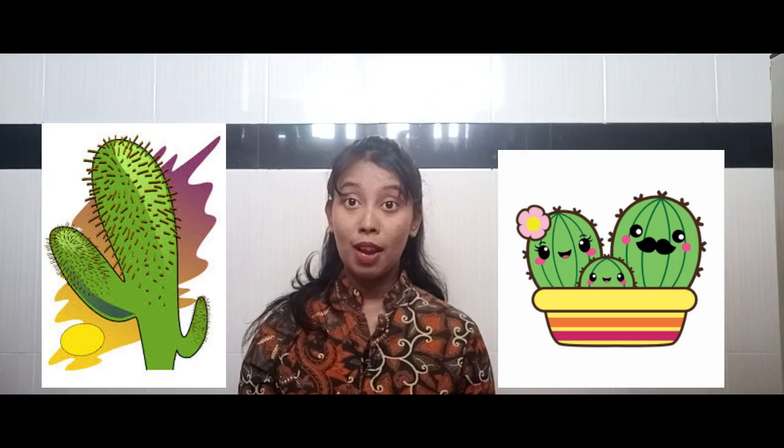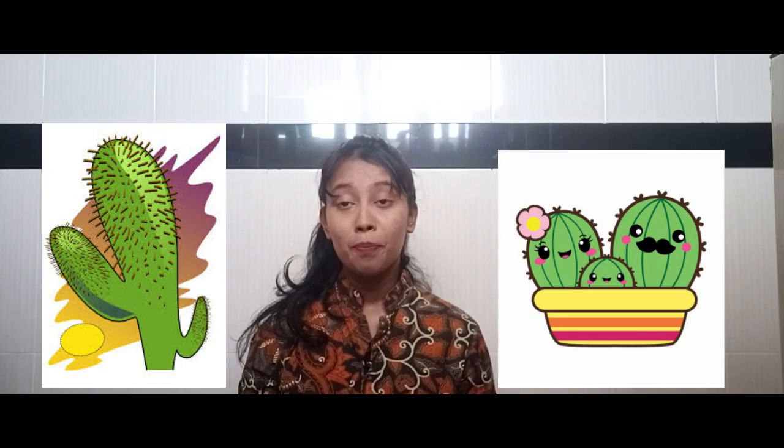So let's talk more about the land plants. Land plants especially we can find in the forest, in the garden, in the field and also in the desert. For example, cactus we can find in the desert.